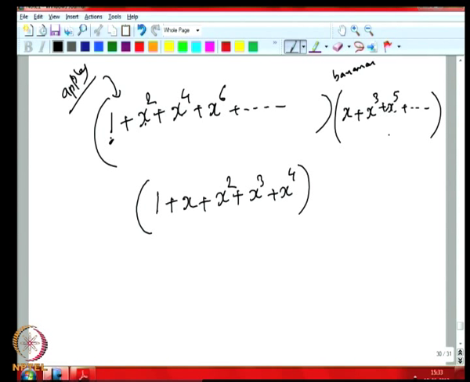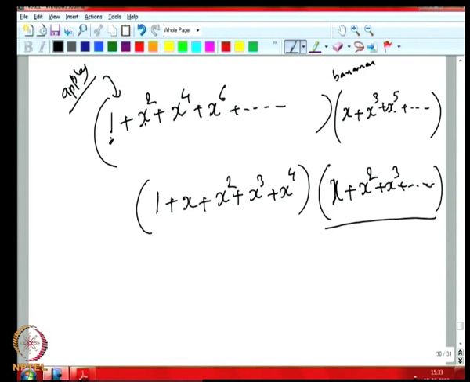We are not considering x raised to 5 onwards. And the last one says we should have at least one pair. That means we cannot take 1, we have to start with x plus x square plus x cube plus so on. So this last term should contribute at least 1 to the power of x, when I form x to the power n.